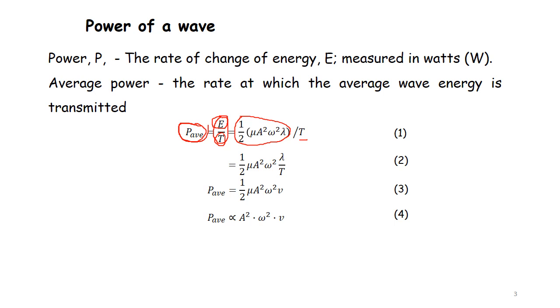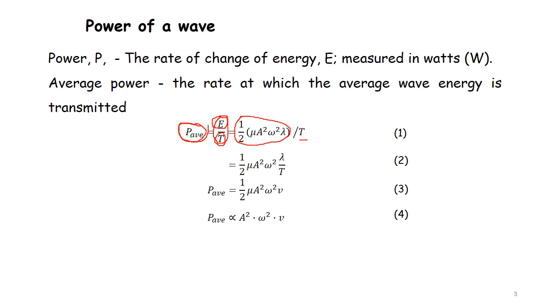Your A is the amplitude measured in meter. Your omega is the angular frequency measured in radian per second. Your lambda is the wavelength measured in meters, and T is the period, which is in seconds.